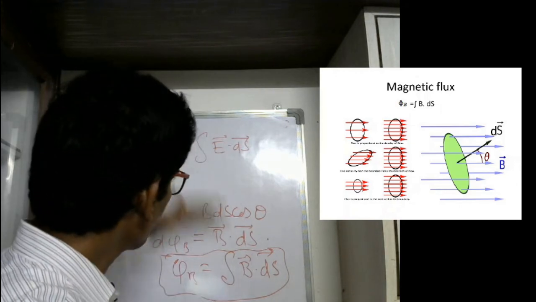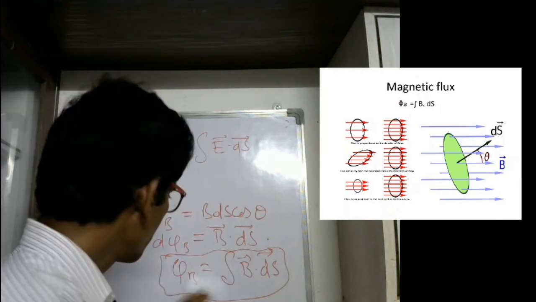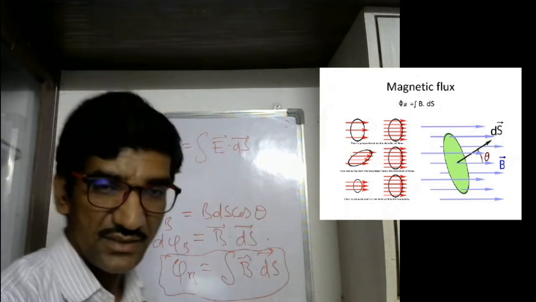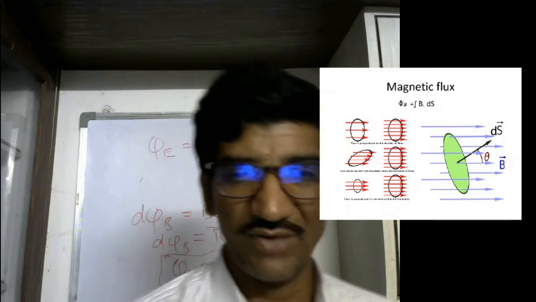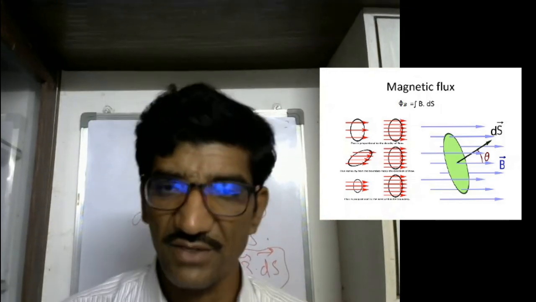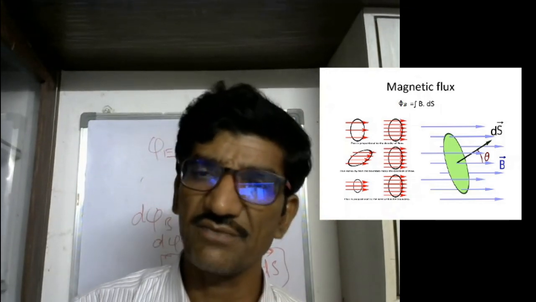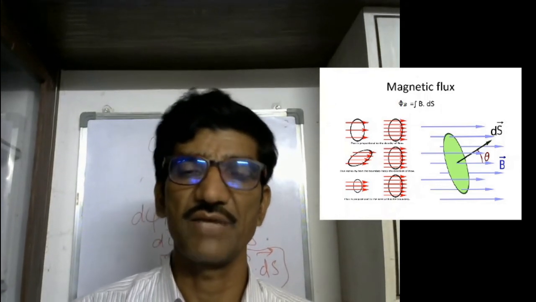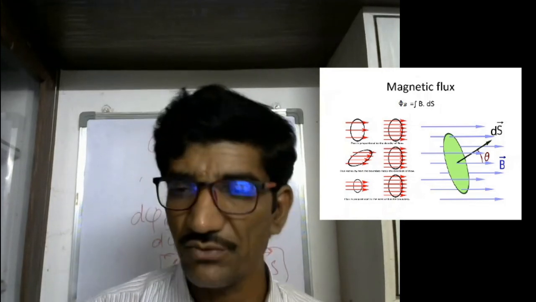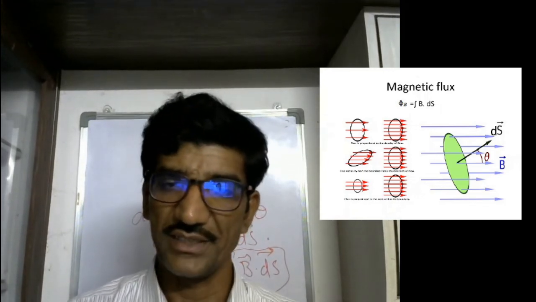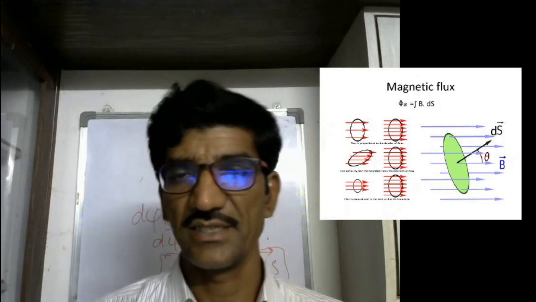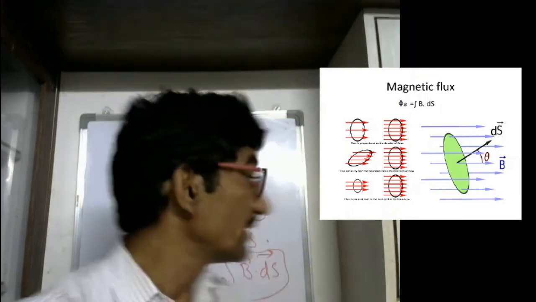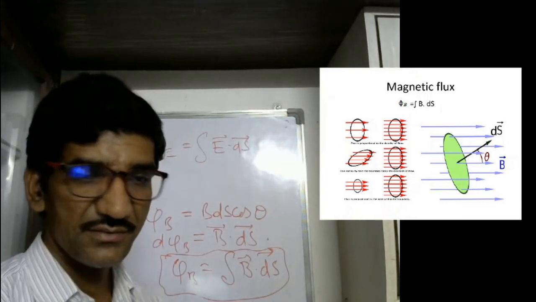See, these two formulas are exactly similar, just replacing E with B or B with E. This is about the magnetic flux. The theory behind electric flux and magnetic flux is the same, but the source field is different. There we have electric field, here we have magnetic field.